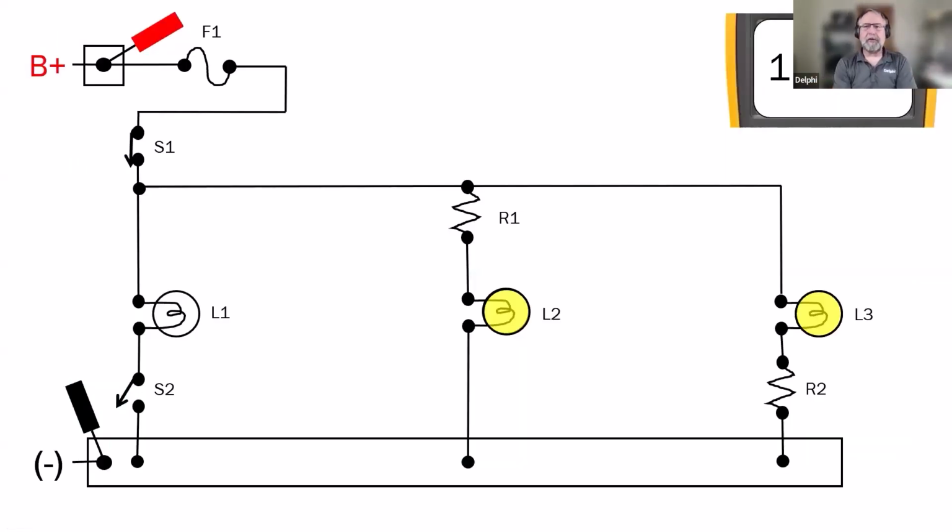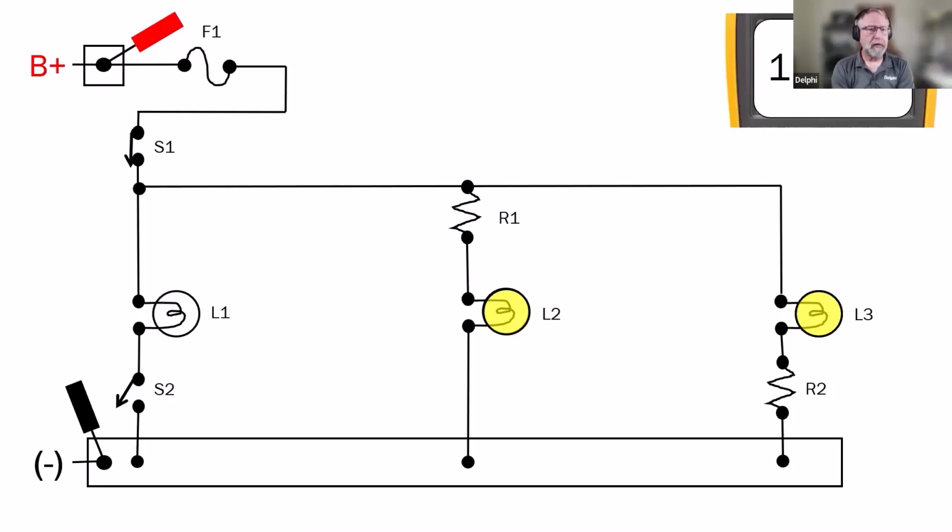So here we have a parallel circuit, and this parallel circuit has three branches. If everything's working correctly, all three of these branches in a parallel circuit should be seeing the same voltage or close to the same voltage. Now, we've got L1, lamp 1, which has a ground side switch.